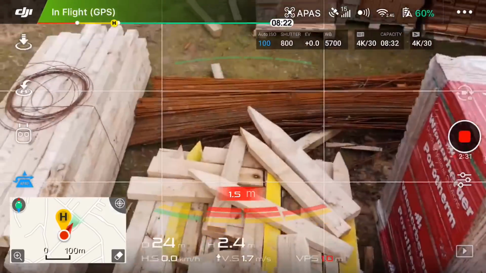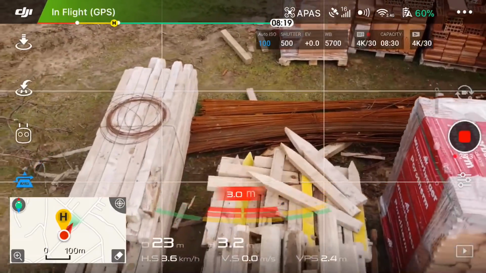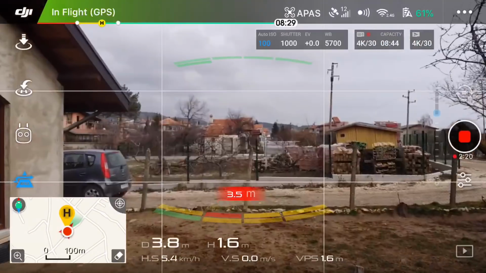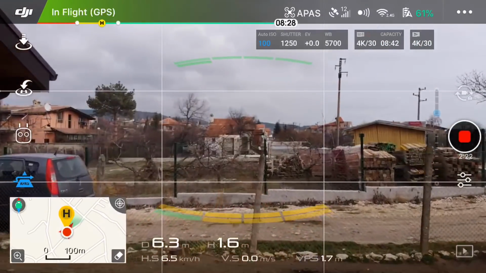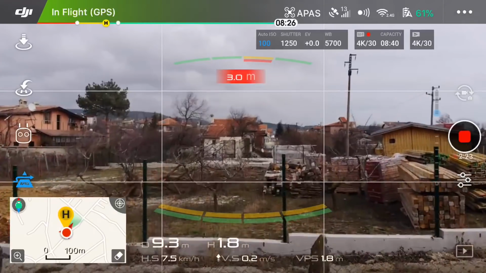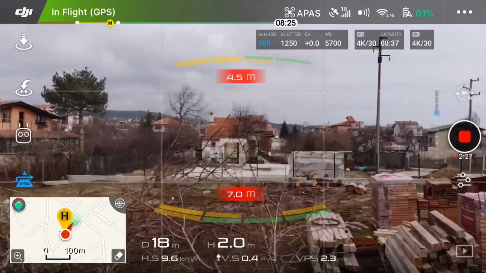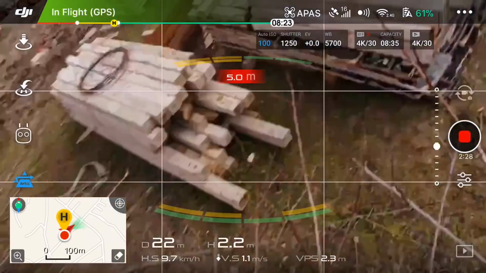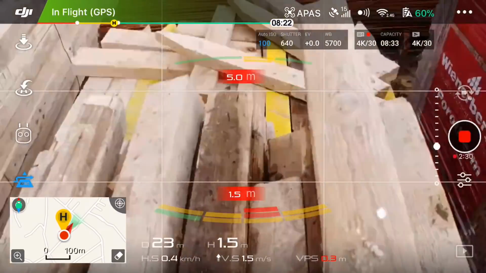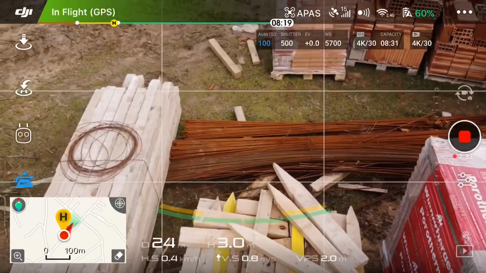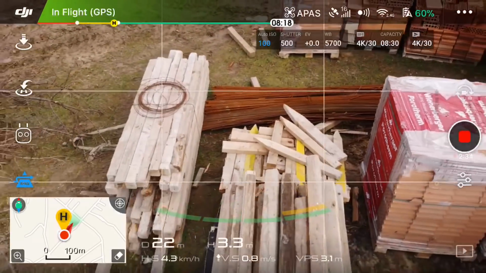This little tiny branch was not detected by the Mavic Air. Fortunately though, it managed to recover and continue to hover without crashing to the ground. So I was happy with that, but that was my first ever crash with the Mavic Air. It just chopped the branches a bit and managed to recover automatically and continued hovering.